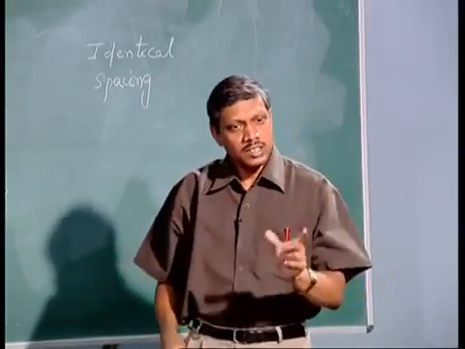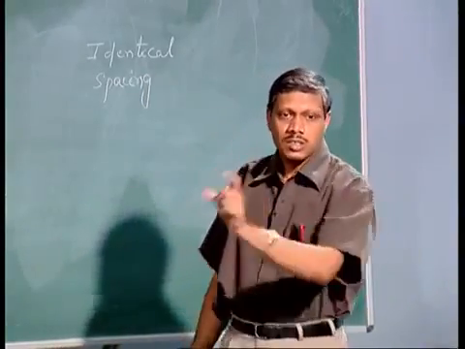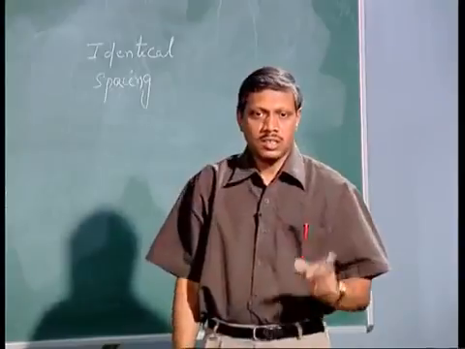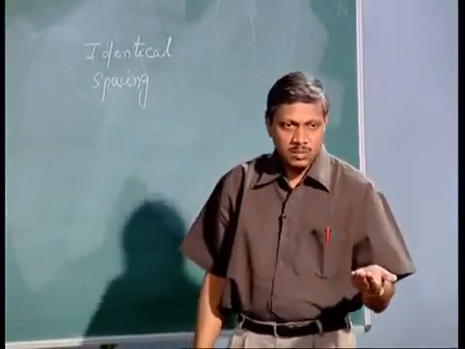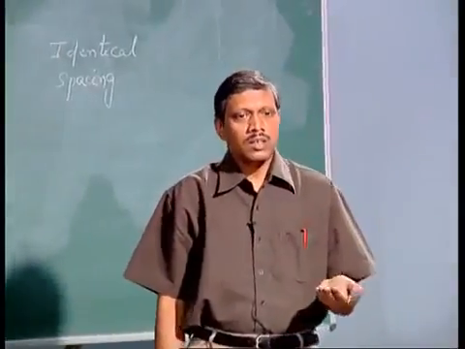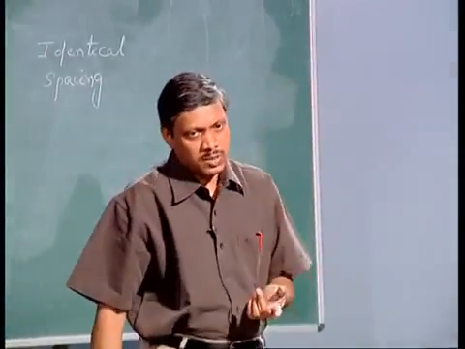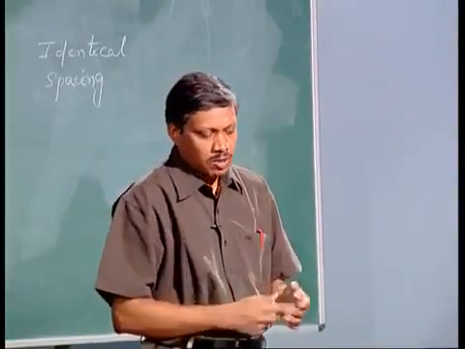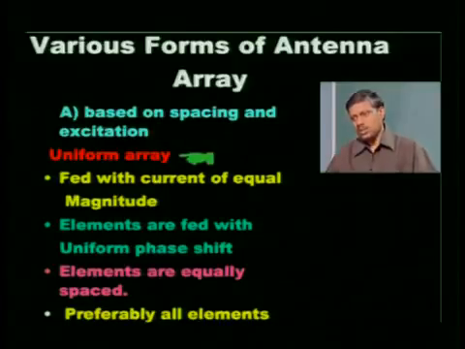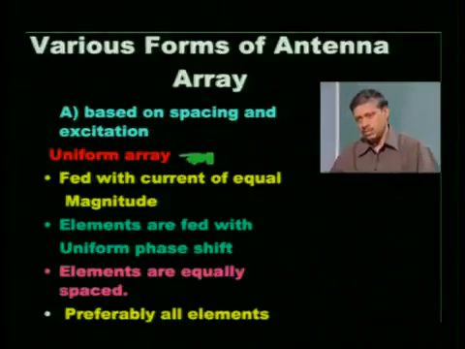It is not that one is D by 2, another D by 4, another D. It has to be D. They will be excited with the same amplitude, and there will be a uniform phase shift. If these conditions are satisfied, then you have an array called a uniform antenna array.